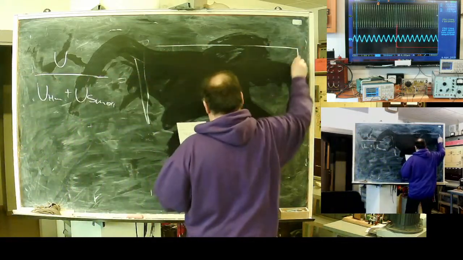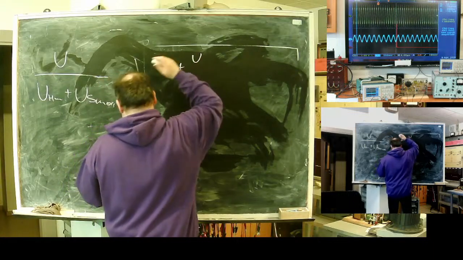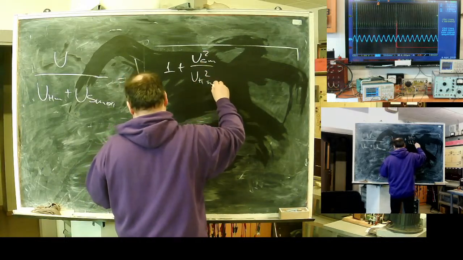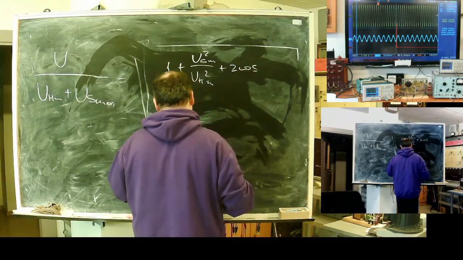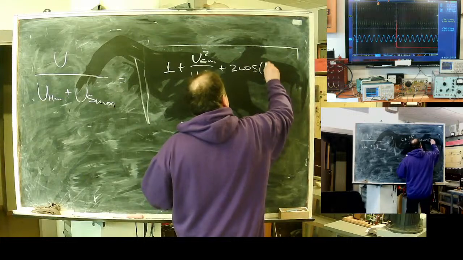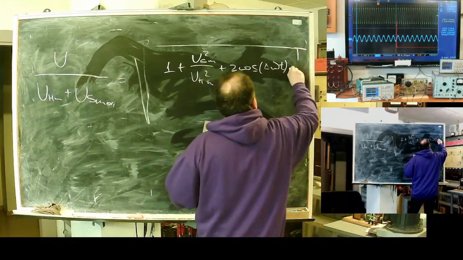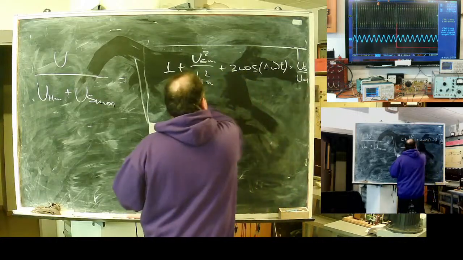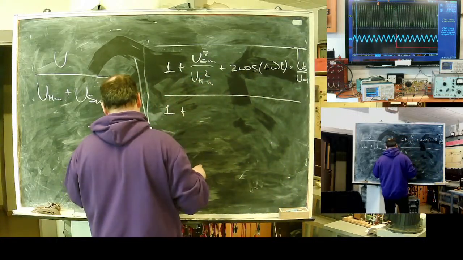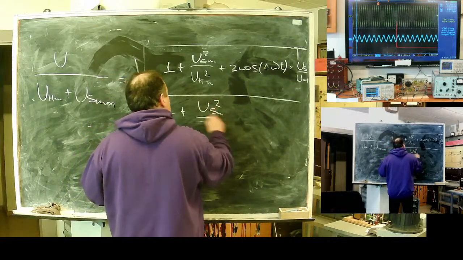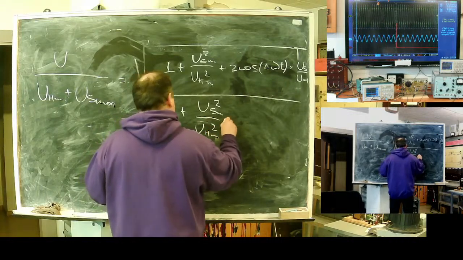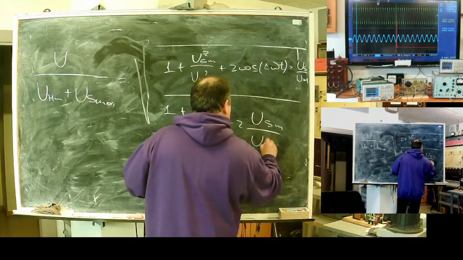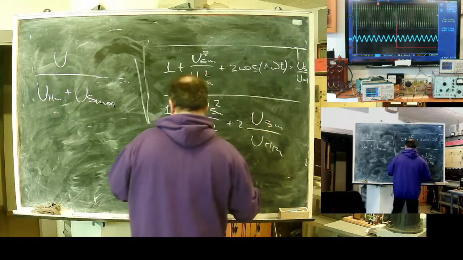It can be written like this: 1 plus U signal max squared over U heterodyne max squared plus double cosine delta omega t, multiplied by U signal max divided by 1 plus U signal max squared over U heterodyne max squared plus double U signal max divided by U heterodyne max. This is max. Yeah.